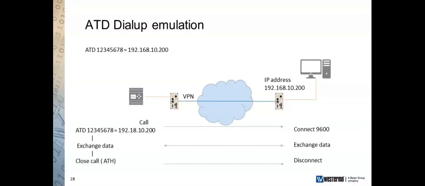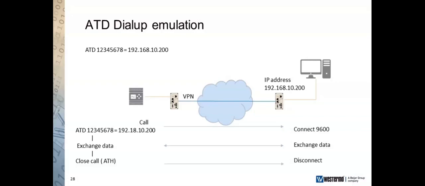So the whole process looks very similar. The big difference is that this only takes milliseconds to establish the connection, exchange data, and then close the call again. When we do this kind of trick between routers, using a VPN as our dial-up connection, or our telephone exchange, if you like, we don't need the 30 seconds in the middle for negotiating the connection.